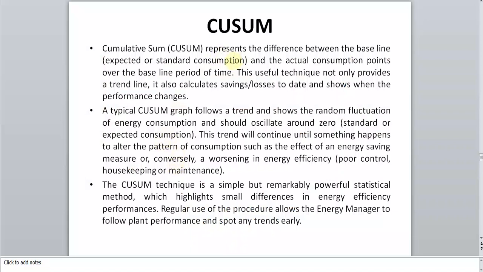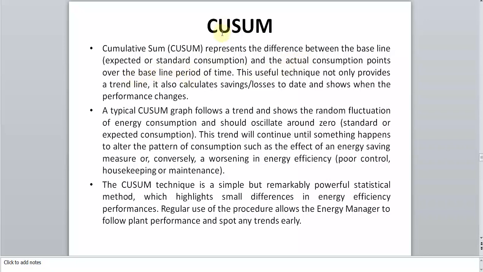Next, we have already seen that CUSUM represents the difference between the baseline, which is the expected or standard consumption, and the actual consumption points over the baseline period of time.